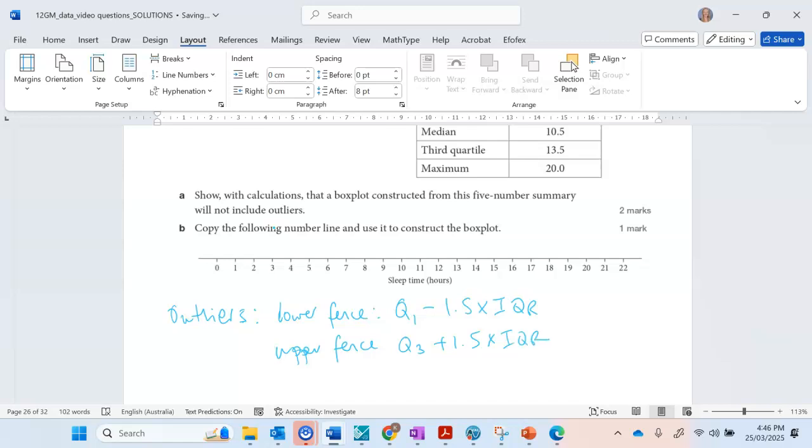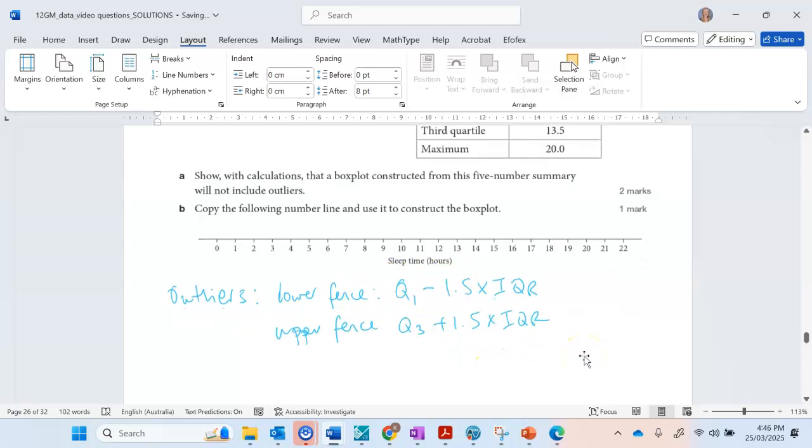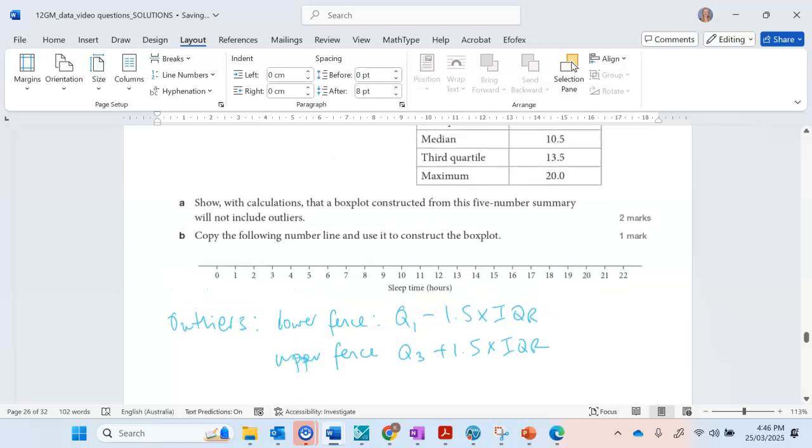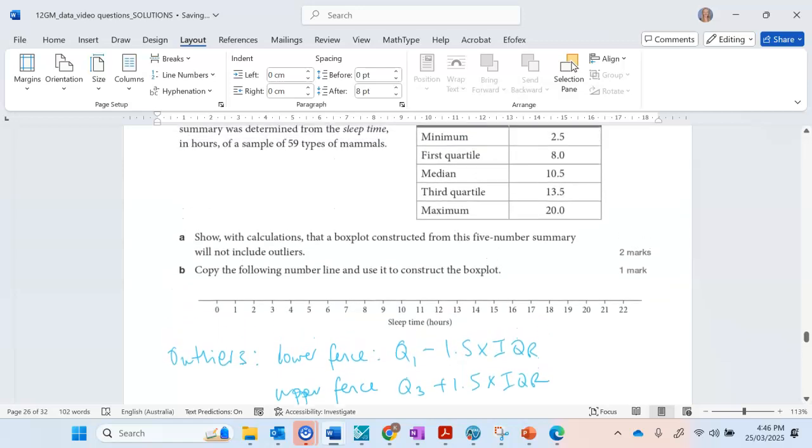So it's already told us that there are no outliers. So what I need to do is just calculate those two values and then say why there are no outliers. Okay, so interquartile range, let's just do it over here. Your interquartile range is your third quartile minus your first quartile. So what is that? 13.5 minus 8, which gives us 5.5.